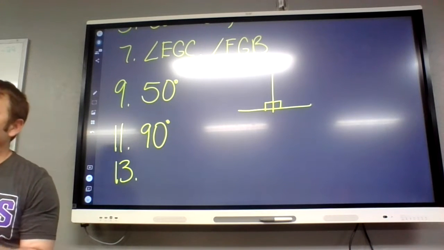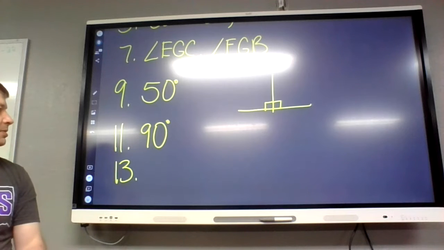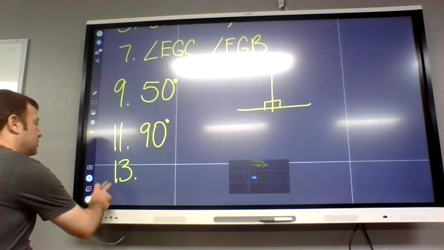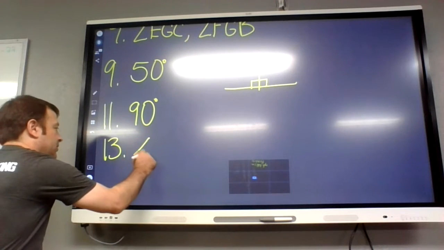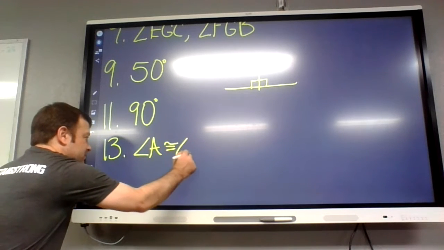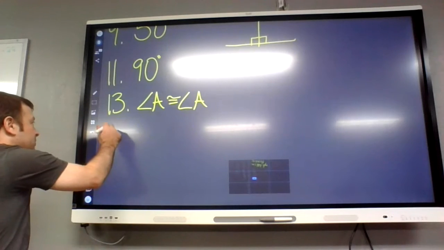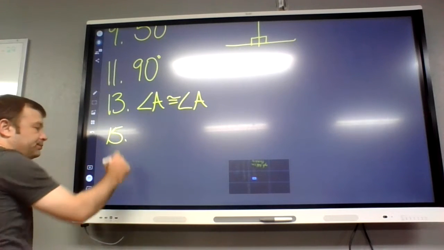It said reflexive property, A equals A. So how could we do that with congruent angles? More like angle A congruent to angle A. An angle is congruent to itself. Mind blowing.